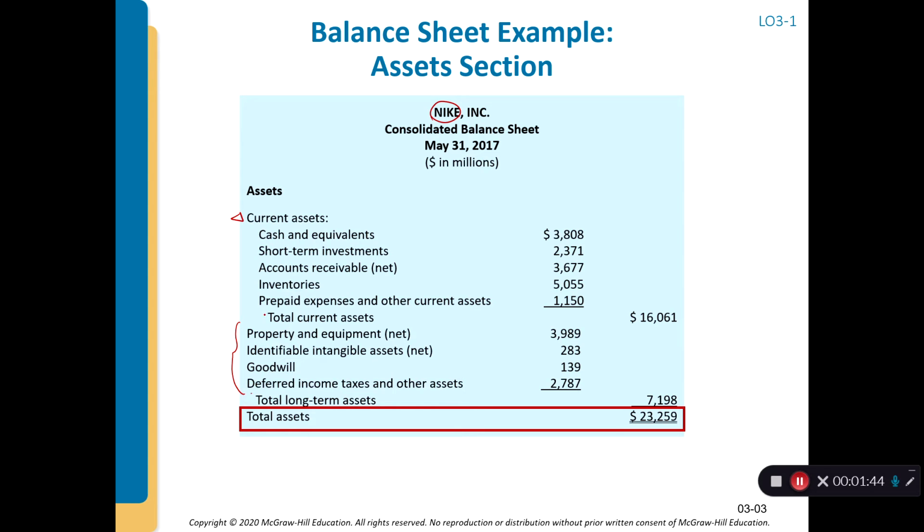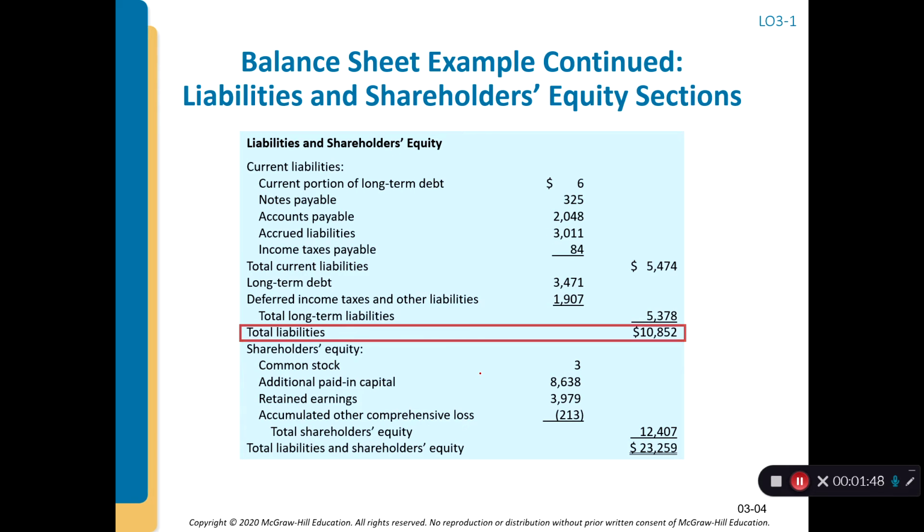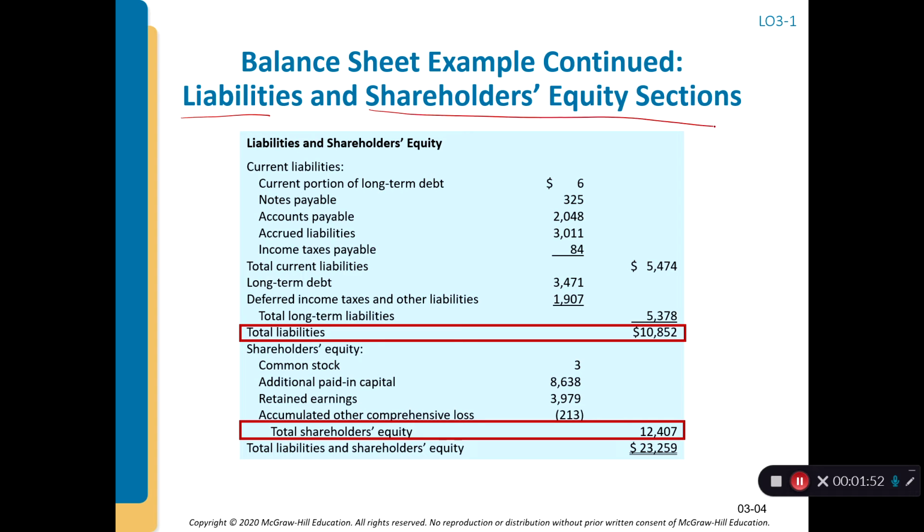And then there's a liability section and the shareholders' equity section, and as we know, the golden equation is assets equal liabilities plus equity. So if you add 10,852 in total liabilities plus shareholders' equity of 12,407, if you add these two together, it has to equal the assets, right? Okay.